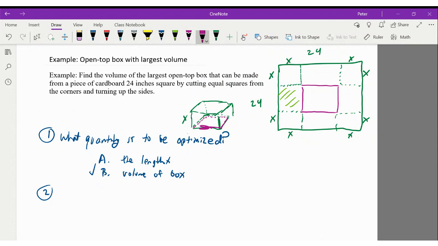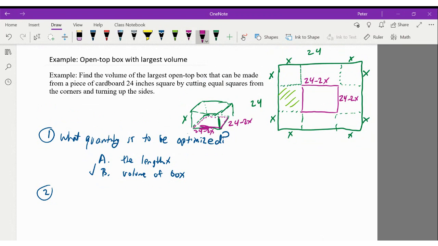And if you look at what size it's going to be, I'm going to take 2 bytes of size x out of the length of the cardboard. So this is going to be 24 minus 2x. And this is also going to be 24 minus 2x. So that's going to be the dimensions of the bottom of the box. We can write those in here.